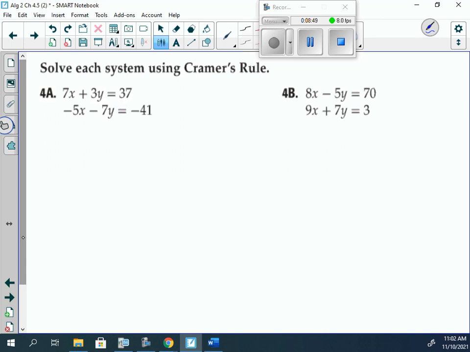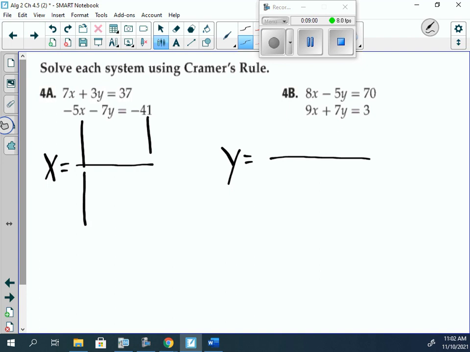Now this time we're going to do this in the calculator, but we'll set it up first for x and y. So when we're solving for x, the numerator, we're going to replace the x values, the numbers for x, with what the equation's equal to.